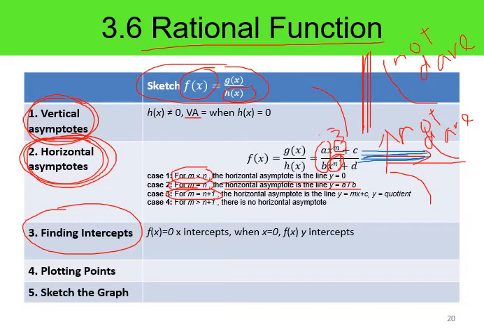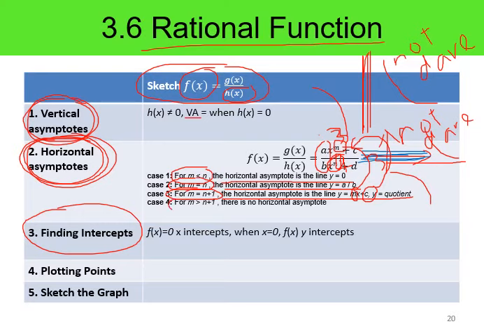Let's say m is 3, n is 4. So it fulfills case 3. So the asymptote line is y equals mx plus c, where m is the value here, for this case 3. X, we don't know. How about c? C is the value c here.